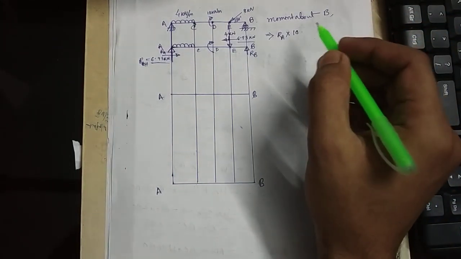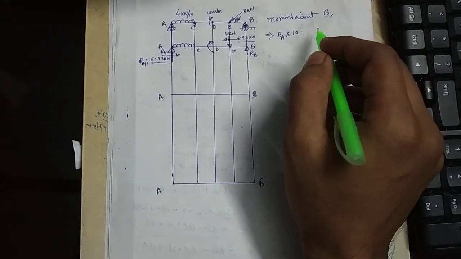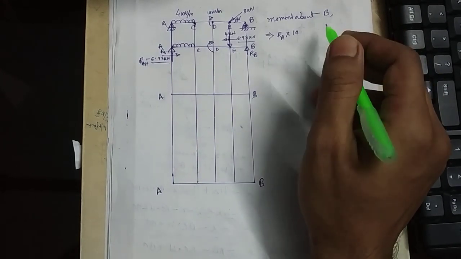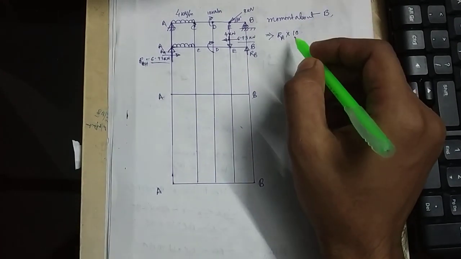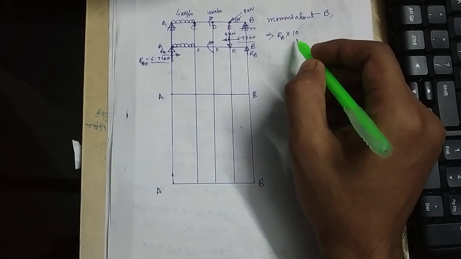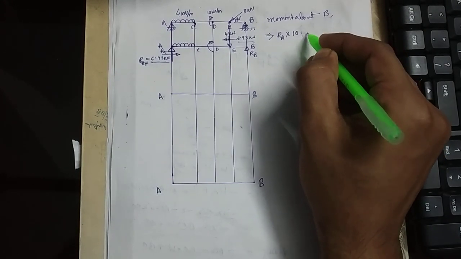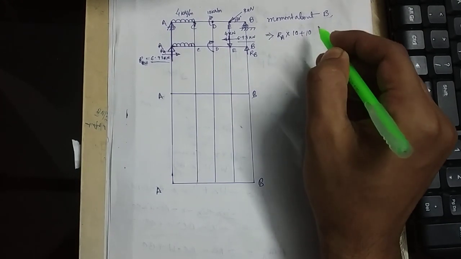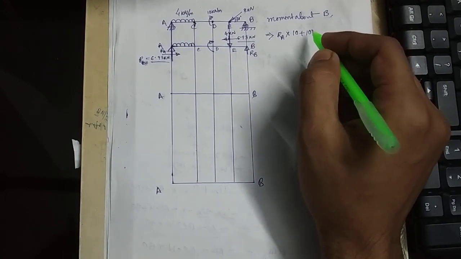Okay, so we were taking moment about B. Clockwise moment should be equal to anticlockwise moment for equilibrium. So the clockwise moments are RA into 10, where 10 is the distance of A from B, and another clockwise moment is 10, that is the couple.